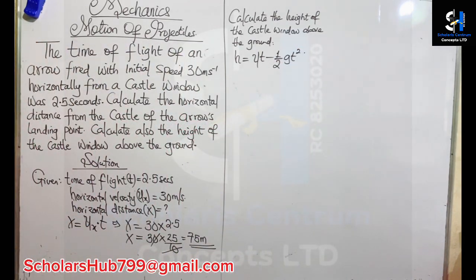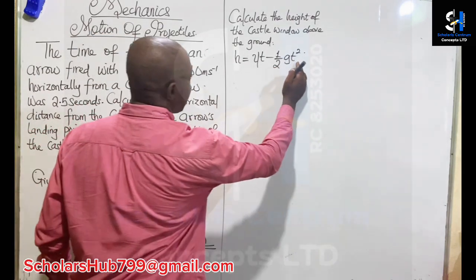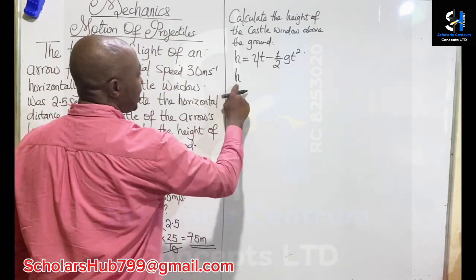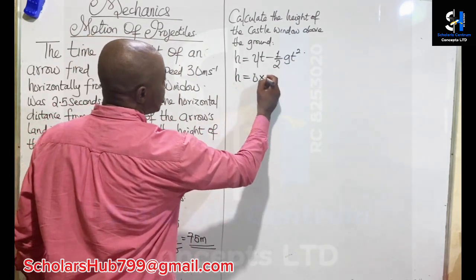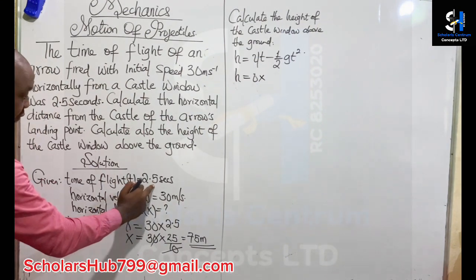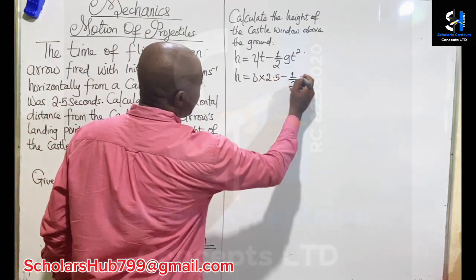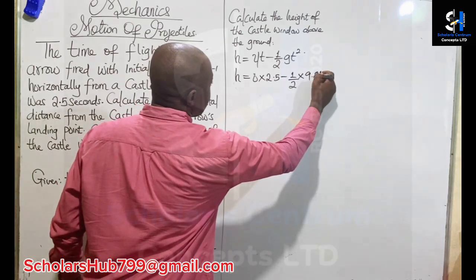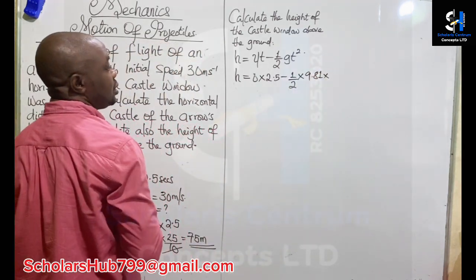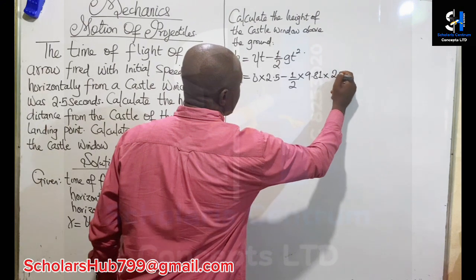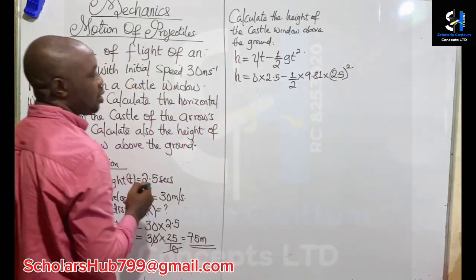Here t is the time of flight. So h equals 0 multiplied by 2.5, minus 1/2 of 9.81 multiplied by the time of flight, 2.5, raised to the power of 2.